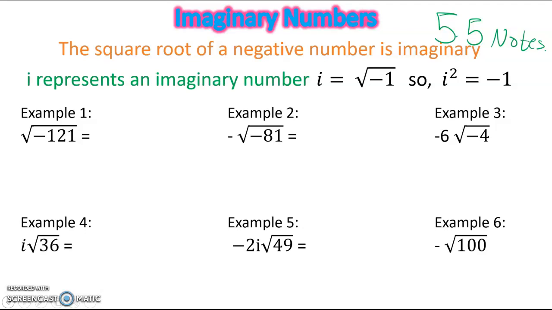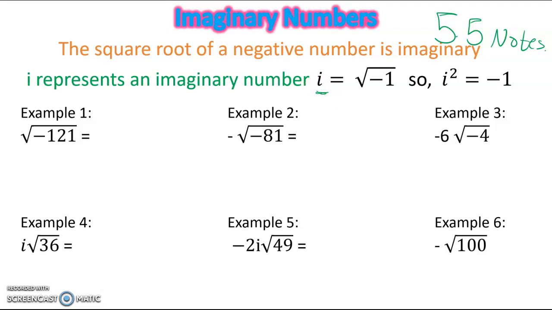The 5.5 is pretty short. It's literally just this one slide here, and it deals with imaginary numbers, which I know kind of sounds a little silly, but it actually is still something that we deal with in math. Basically, an imaginary number is a number i that is the square root of a negative number.